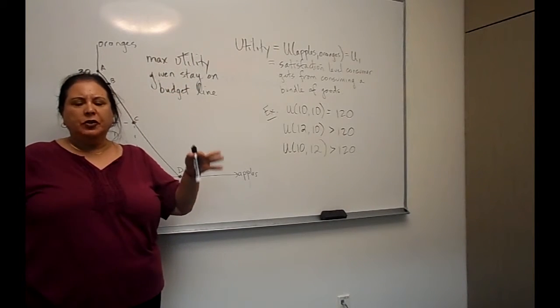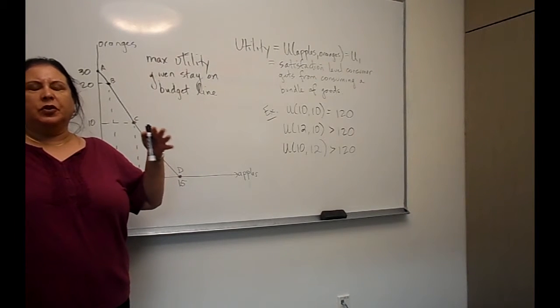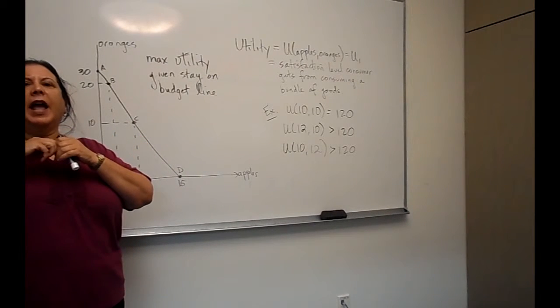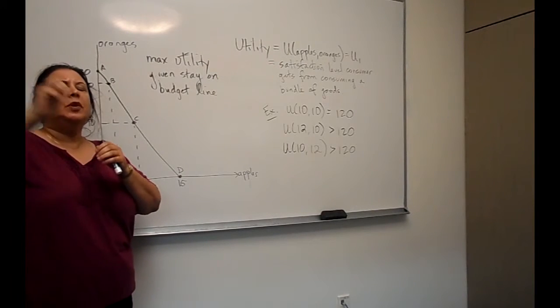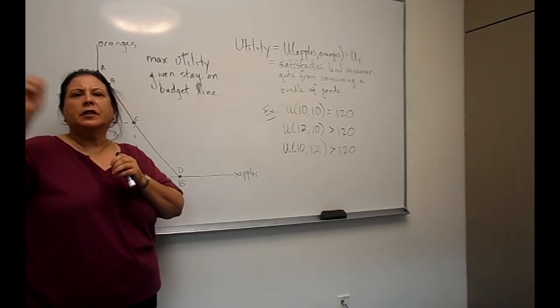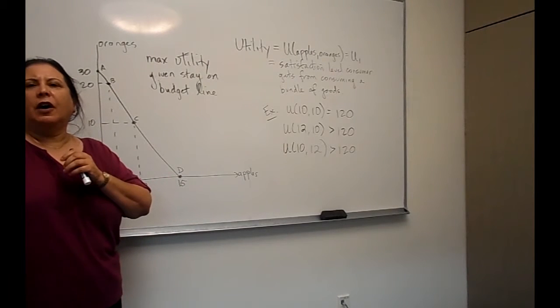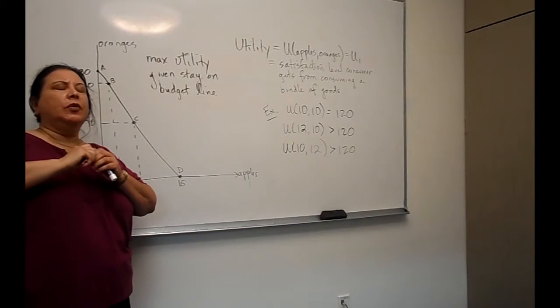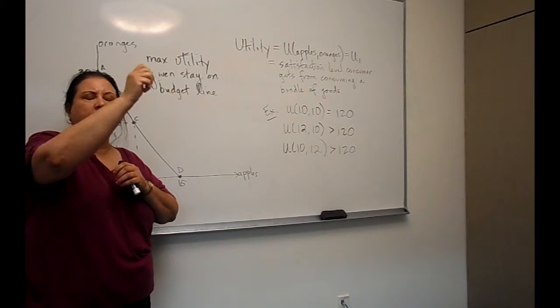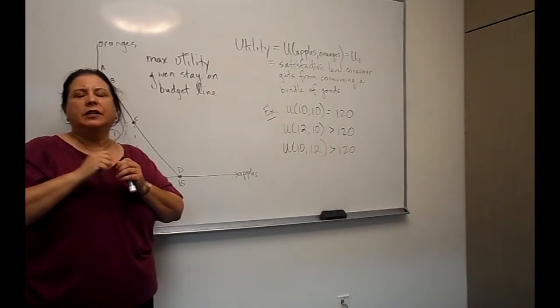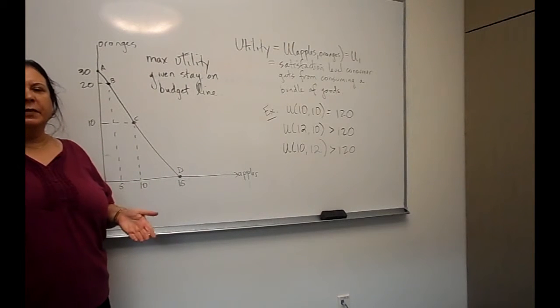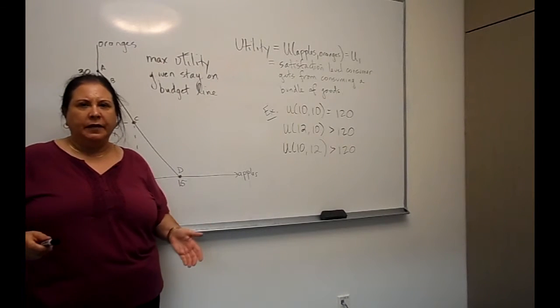You have a certain amount of dollars, and you want to allocate these dollars between buying the two goods. So you're going to spend $1 on an apple, or you're going to spend, let's say, $1 on buying oranges, and you're going to allocate those dollars in such a way that you maximize the amount of utility you get.